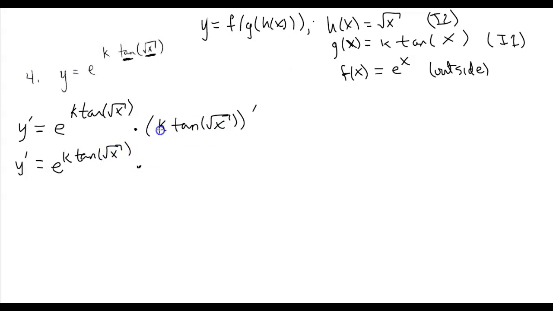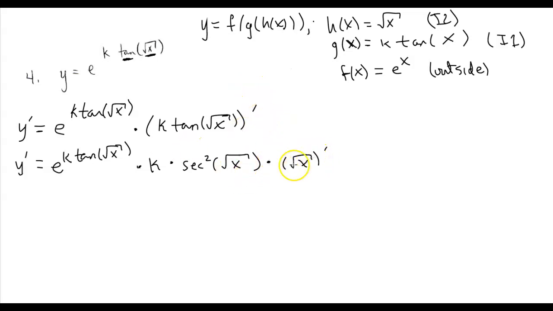But now, when we take the derivative of k times tangent of square root of x, we ignore this constant, but we can take the derivative of tangent of square root of x, and notice that tangent is the outside function and square root of x is the inside function. So here, what we can do is say the derivative of tangent of blah will be secant squared blah times the derivative of the inside function with respect to x.